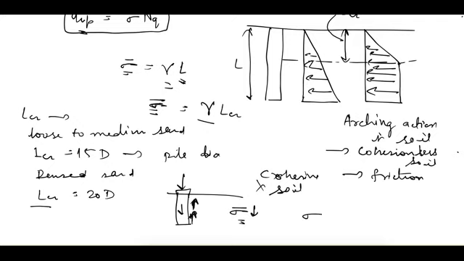So because of this frictional resistance the value of sigma decreases, and so we get some sort of this kind of effective stress diagram.